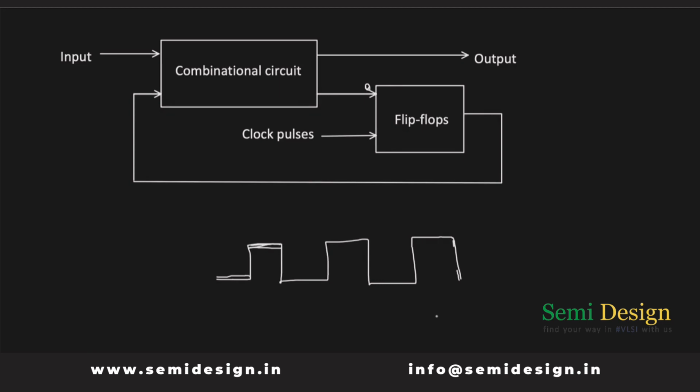Due to this unreliable operation, we cannot use latches, because the output of latches cannot be applied directly or through the combinational circuit to the input of a single latch or a combination of latches when they are operating through a single clock pulse.